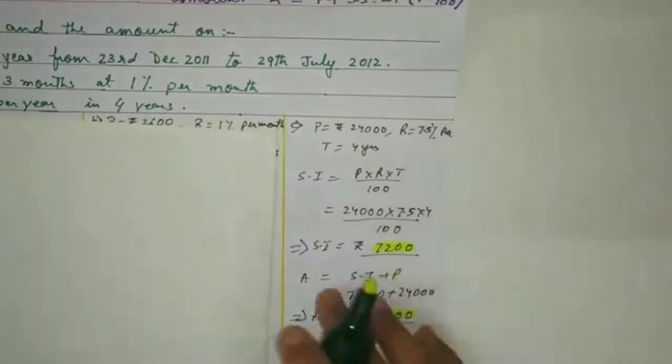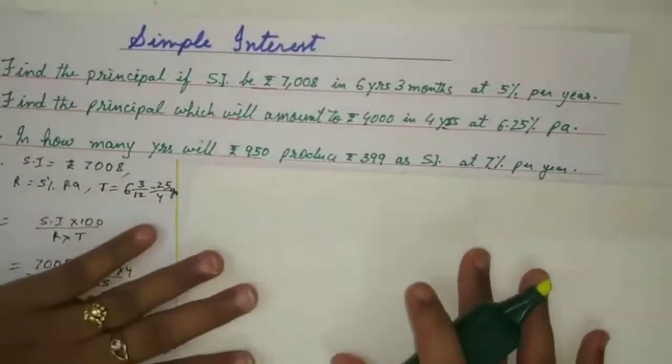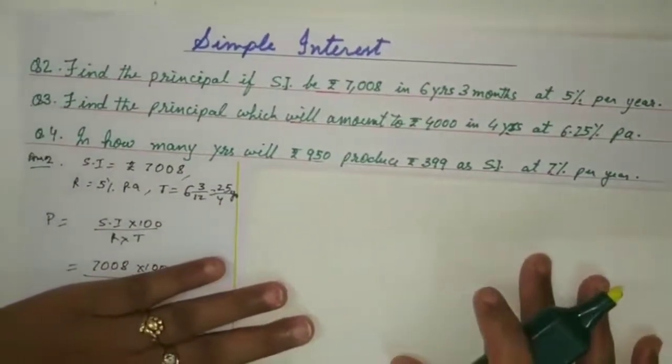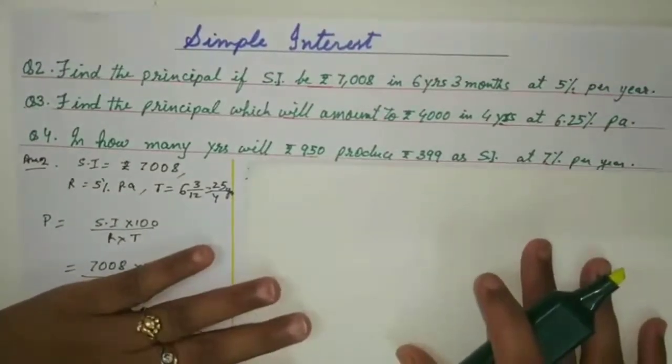Now we go to the next type of question. I will again try to hide the answers of all the questions that I have taken, and we will go one by one so that it's simple for you to see and understand.